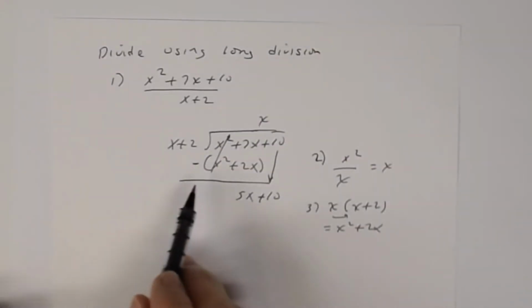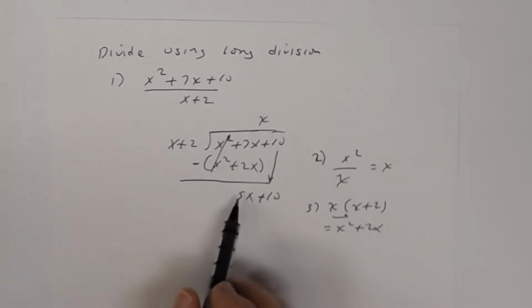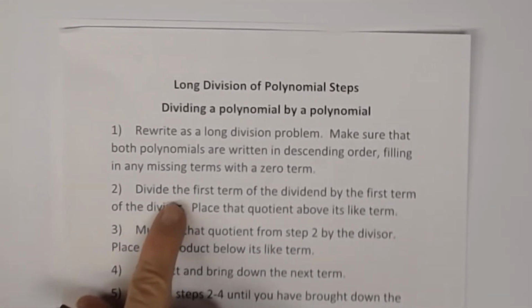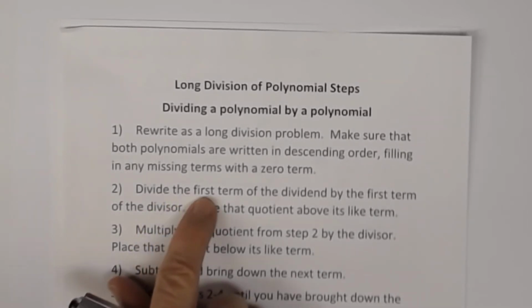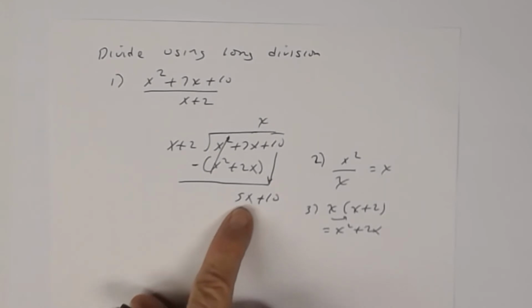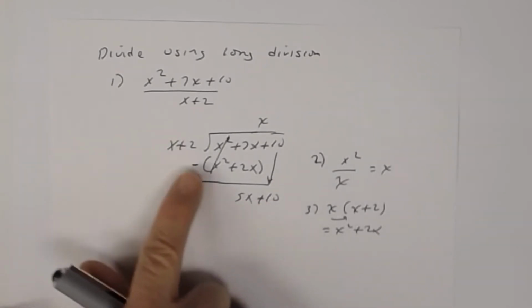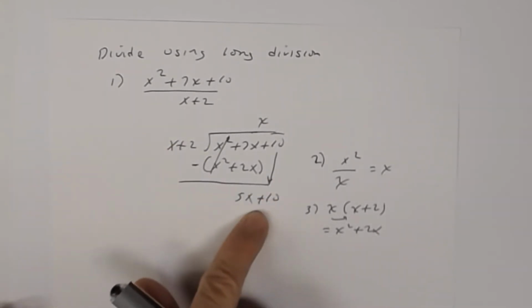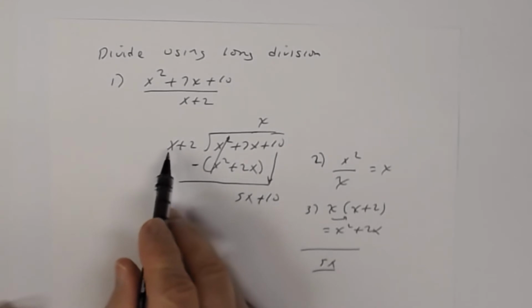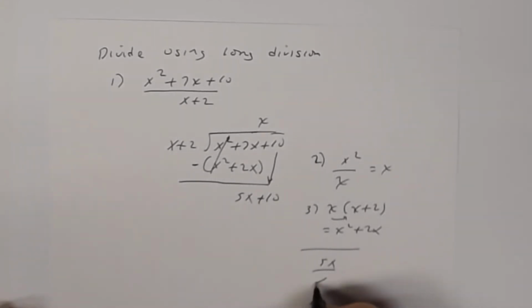All right, so let's talk about that. So now we're going to remember step 2. Step 2, repeat steps 2 through 4 all over again. Step 2, remember, said divide the first term of the dividend by the first term of the divisor. So now this is your dividend, because you're saying this divided by this. So you're going to say 5x divided by the first term. So 5x divided by x is 5.